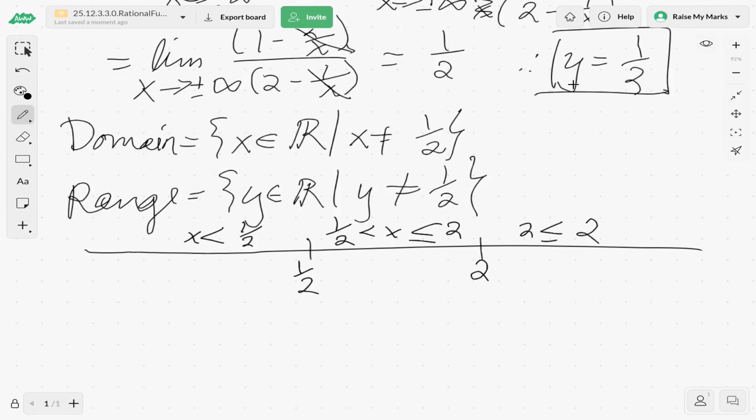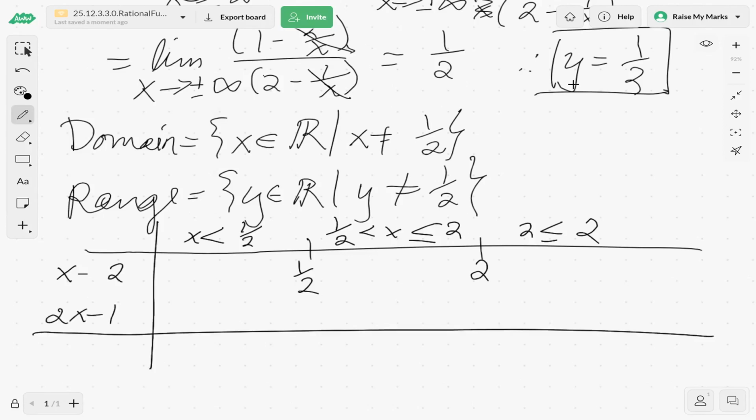Okay. Let's put our factors, x minus 2 and 2x minus 1 in. And then finally our function, x minus 2 over 2x minus 1. That's our function. Let's have a look at the values of our factors on these intervals. So x minus 2 is negative when x is less than 1/2.